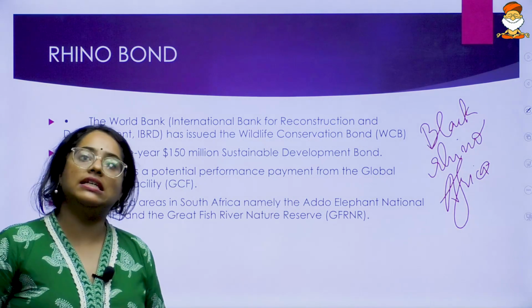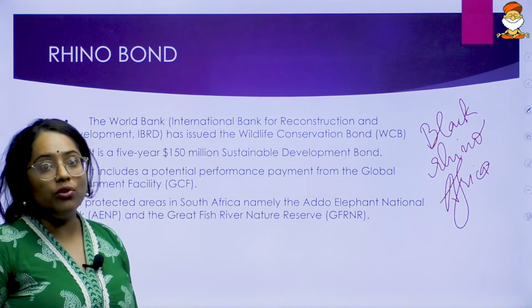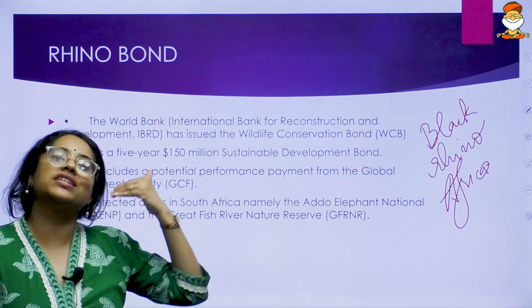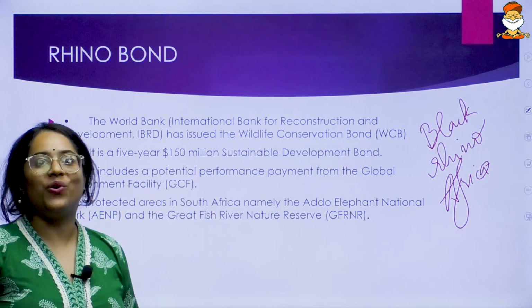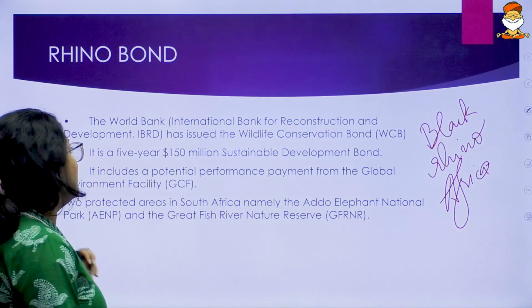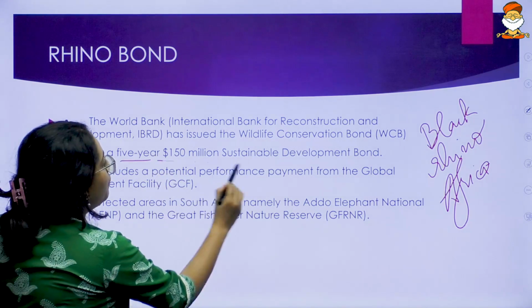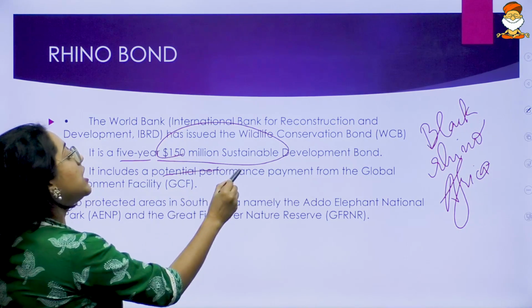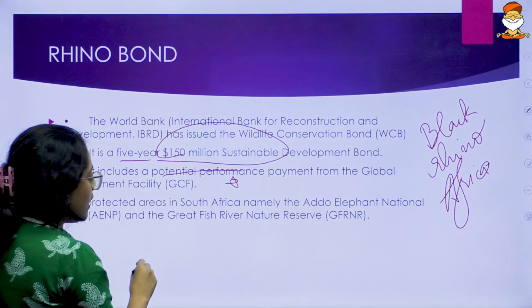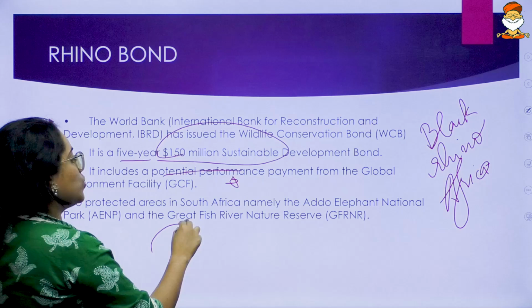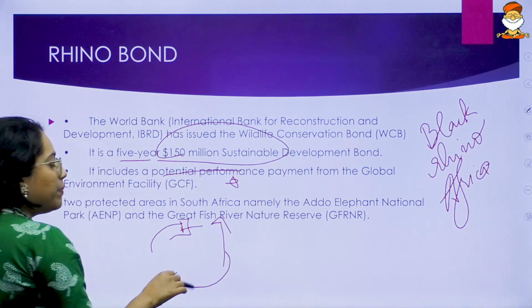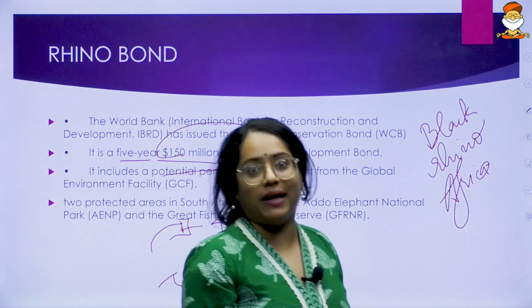You can invest in the conservation of the rhino, and you will get returns based on how much the rhino population has been conserved also. It was launched by World Bank. It's a 5-year, 150 million sustainable development bond. It includes a potential performance payment, which means that if the rhino population has increased to a good level, the people who have invested in it will also get a payout.